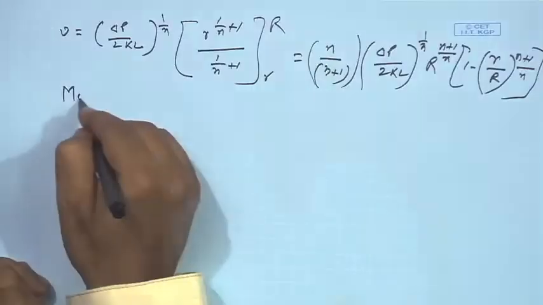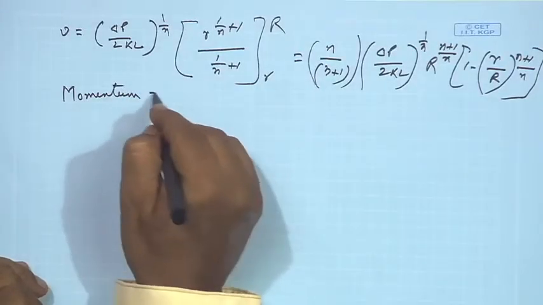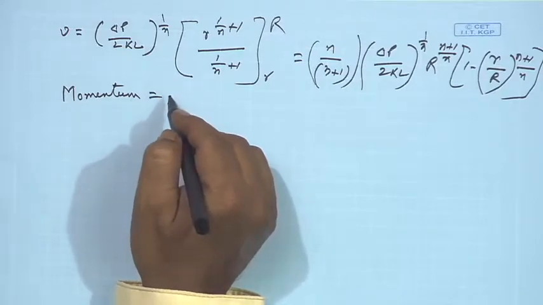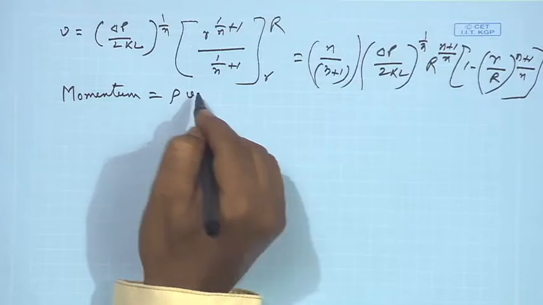If we look at the definition, momentum we said is equal to rho v, rho into v.